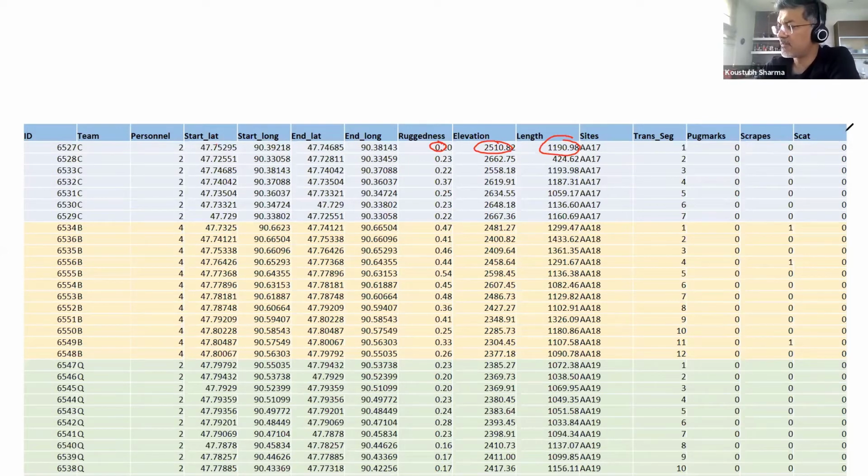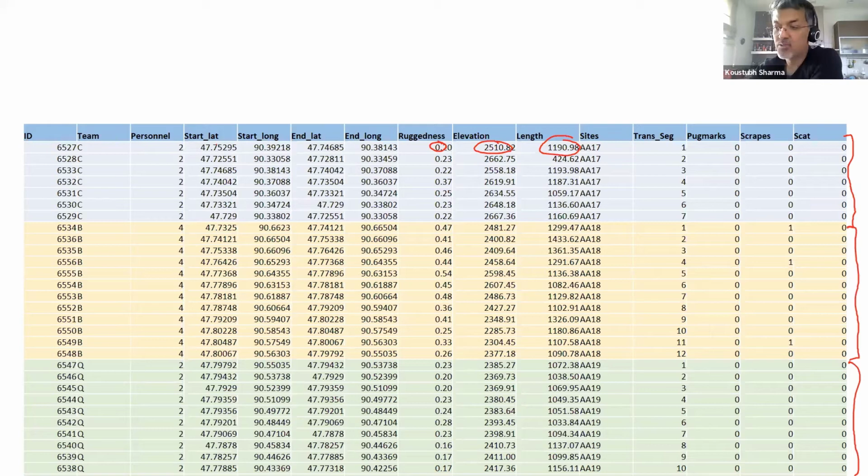So you see this particular set represents a detection or non-detection using scrapes and scats in the first grid cell. This represents the second grid cell, and this represents the third grid cell.